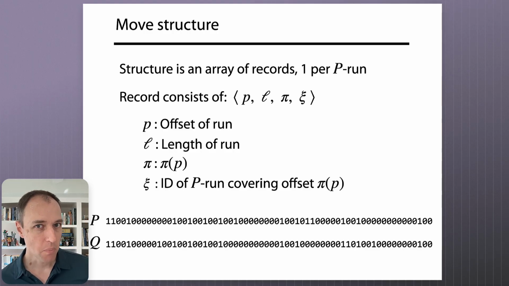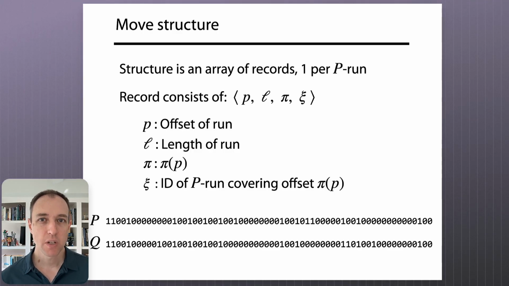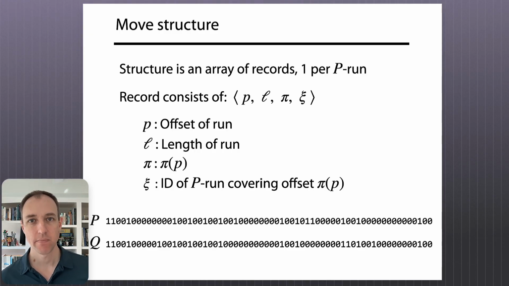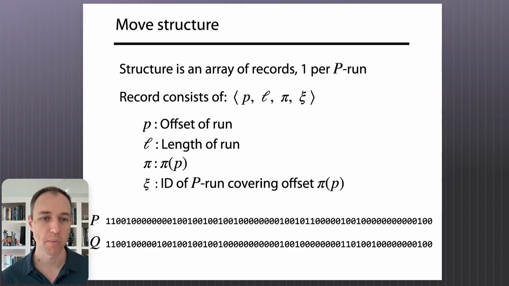A field that we call pi, which is just pi of p. In other words, if you were to take the run head and put it through the permutation, what offset would you land at? Right? So pi is pi of p. It's pi of the run head. It is where the run head maps when it is put through the permutation. And then this final column, which we use this Greek letter to represent, this Greek letter can be pronounced different ways.